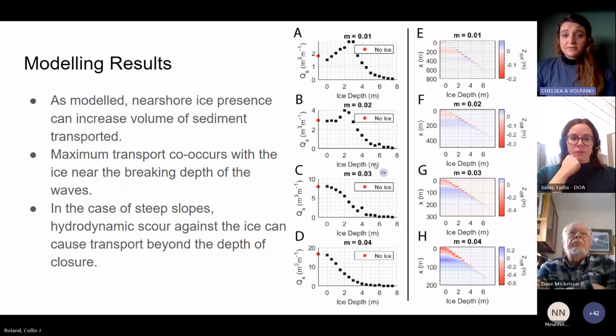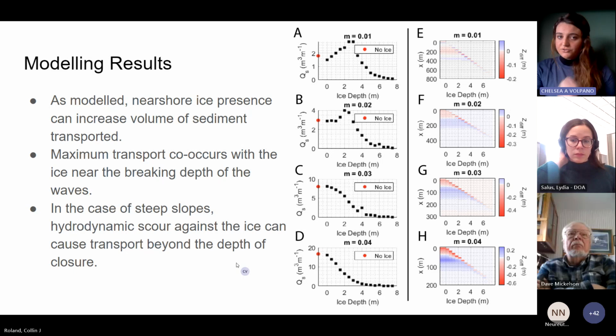We saw this trend pretty consistently for all of the model runs we did at different slopes. What we found is nearshore ice can increase the volume of sediment transported, and it pairs pretty well with the breaking depth. For the steeper slopes, what we found especially significant was that hydrodynamic scour can cause sediment to transport beyond the depth of closure.